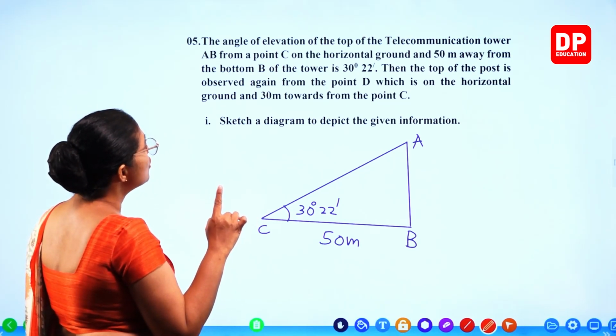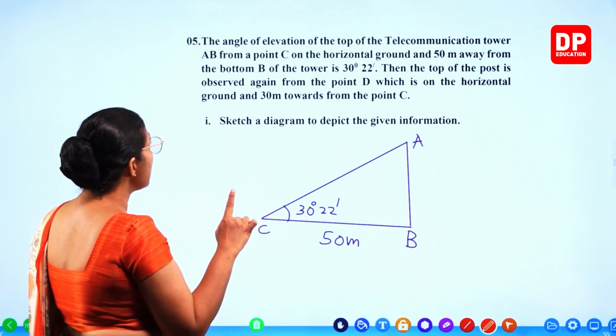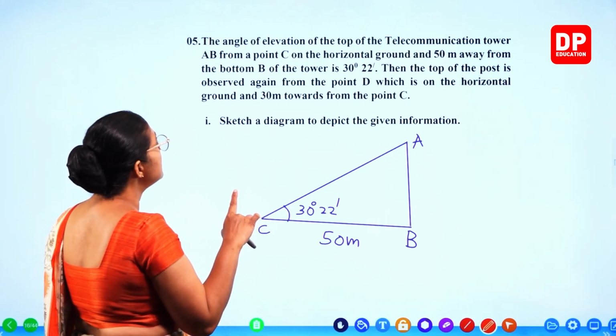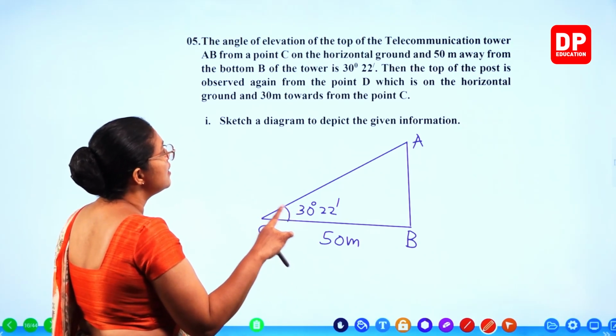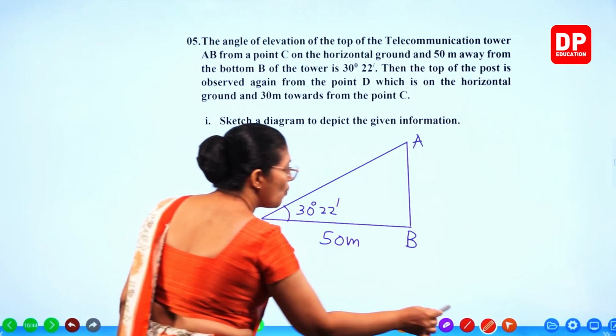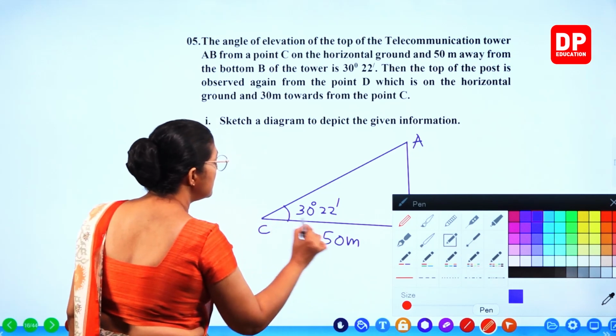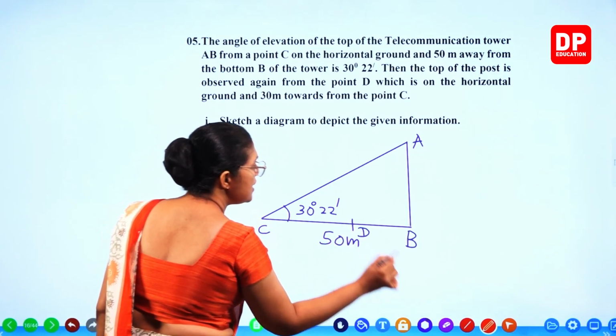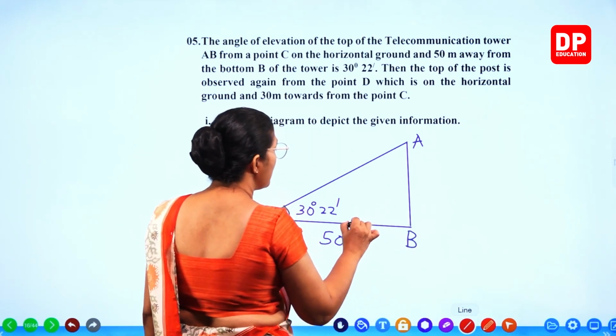Then the top of the post is observed again from the point D, which is on the horizontal ground and 30 meters towards from the point C. So when you go another 30, this is the D point.